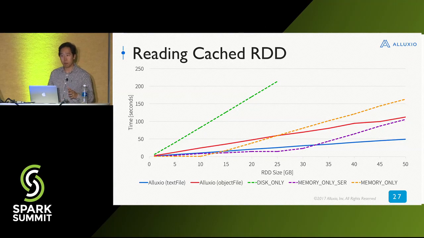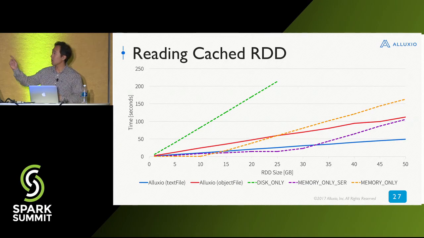In this first example, we call it reading a cached RDD. What this means is that the RDD is already cached in Spark or already cached in Alluxio. The data is already there in memory or in the cache, and we want to reread that data to see how long that takes. Here is the time it takes for different sizes of RDDs.